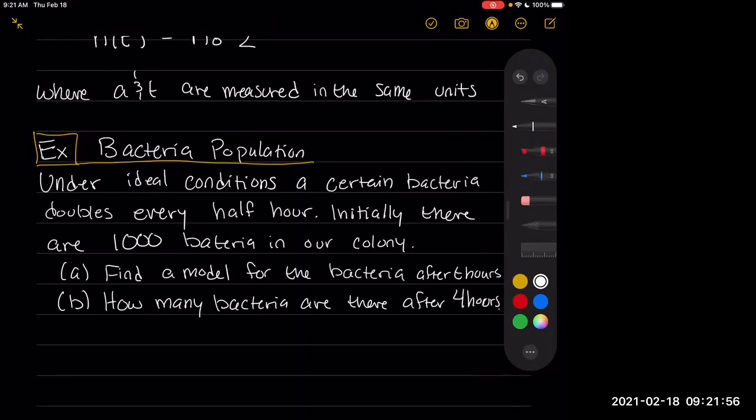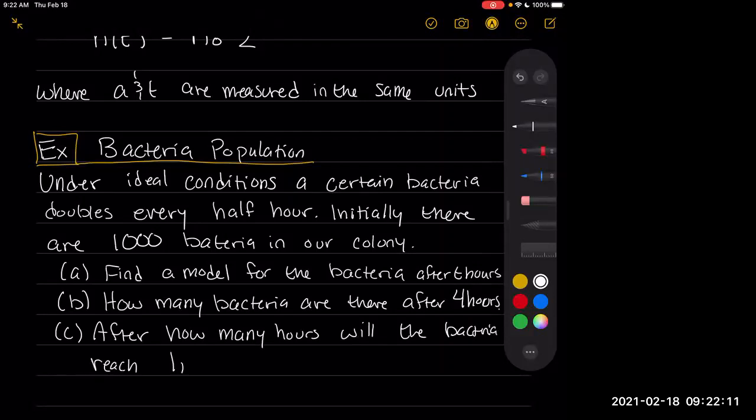And third, after how many hours, so we're going to find the time, will the bacteria reach 1 million?